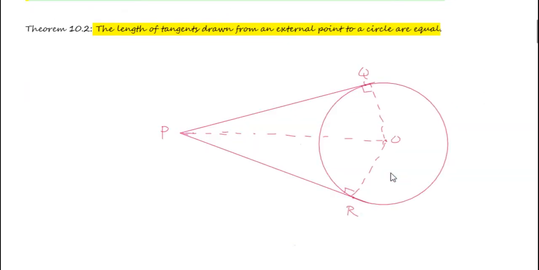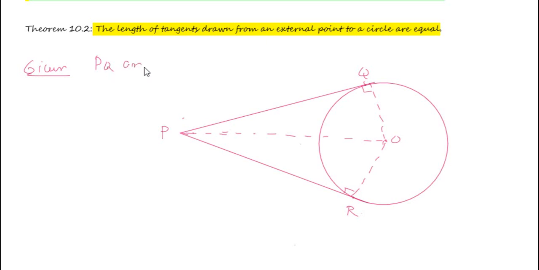Theorem 10.2, second theorem. It states that the lengths of the tangents drawn from an external point to a circle are equal. The external point is P. The two tangents drawn are PQ and PR. We need to prove that PQ equal to PR.